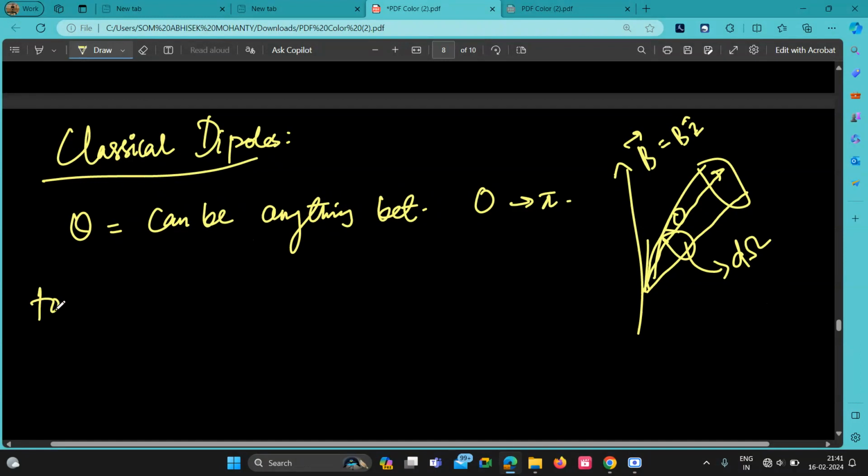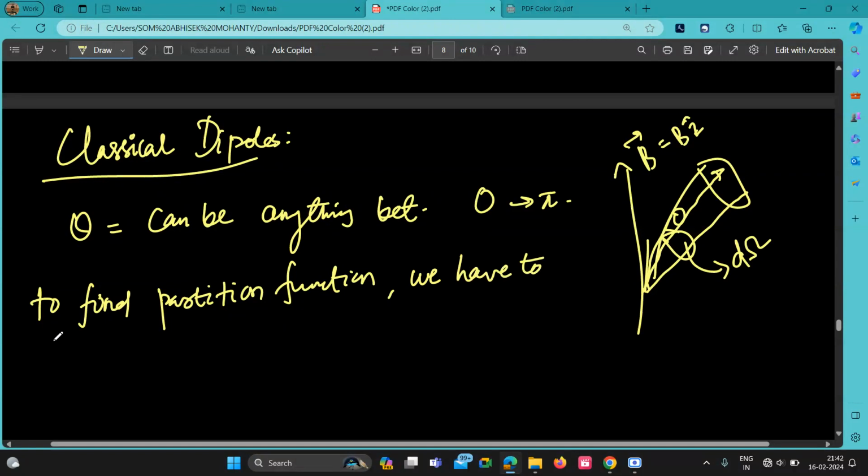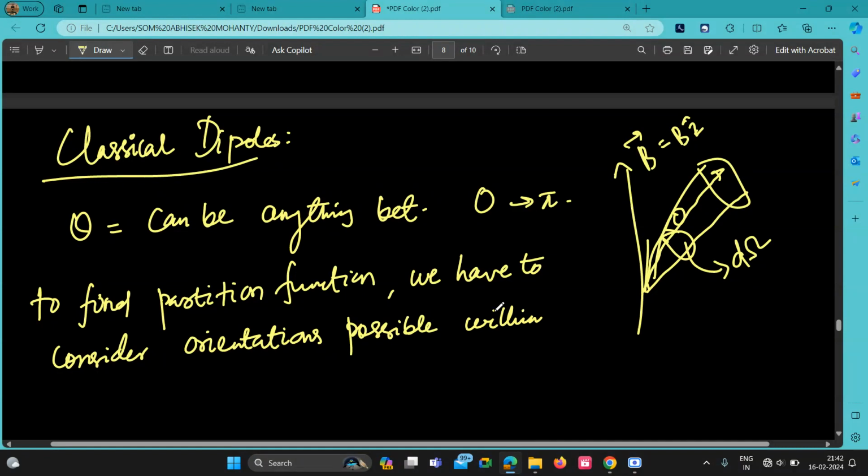So to find the partition function, we have to consider the orientations possible within a solid angle.